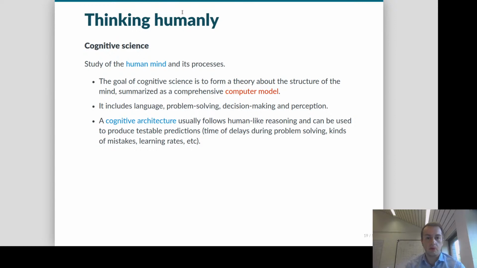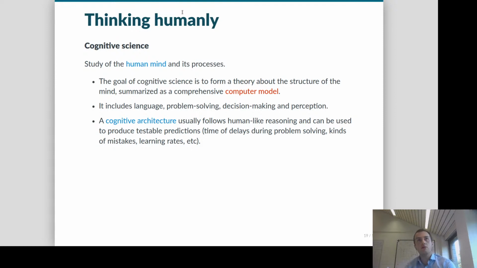It's a bottom-up approach. So the top-down would be exactly the objective of cognitive science. So cognitive science is the study of the human mind and all the processes of the human mind. And really the goal of cognitive sciences, which by the way is a field which emerged from good old psychology, is to form a theory about the structure of the mind.